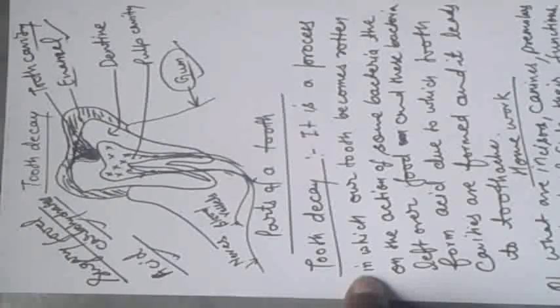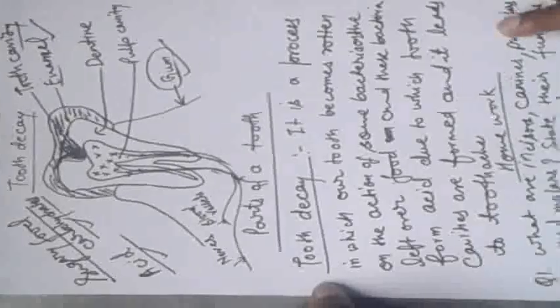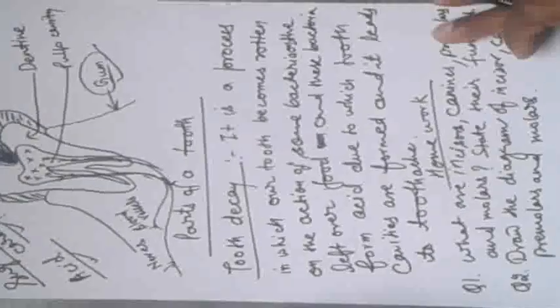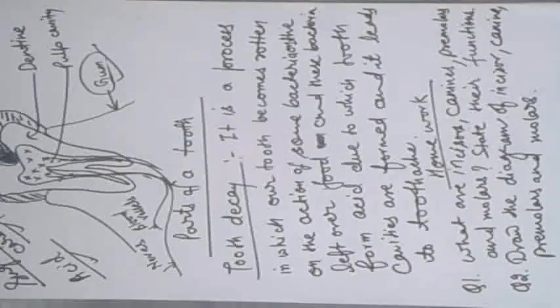Okay, thank you. The first question is, what are incisors, canines, premolars and molars, and state their function. The second question is, draw the diagram of incisor, canine, premolars and molars.